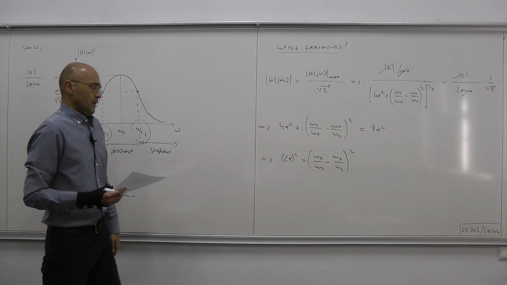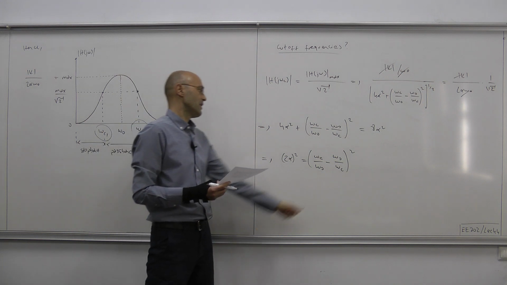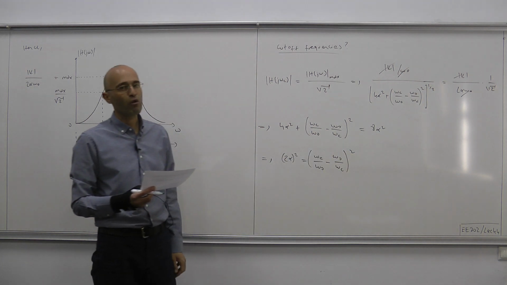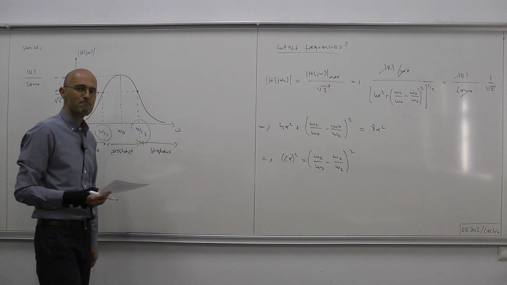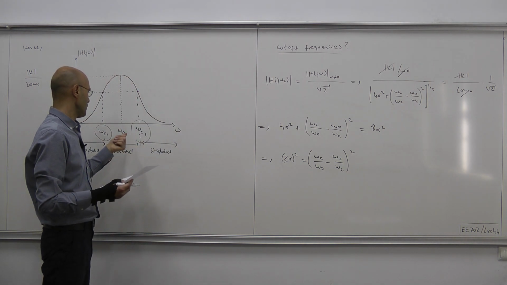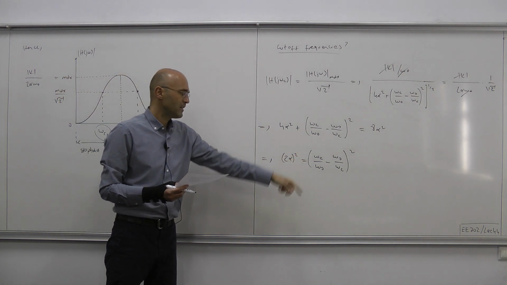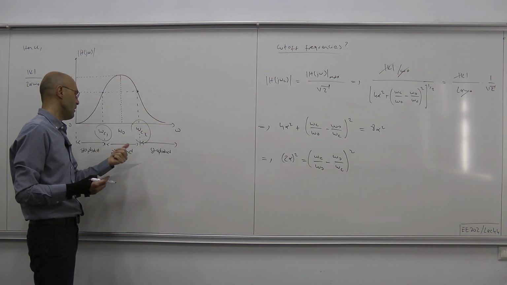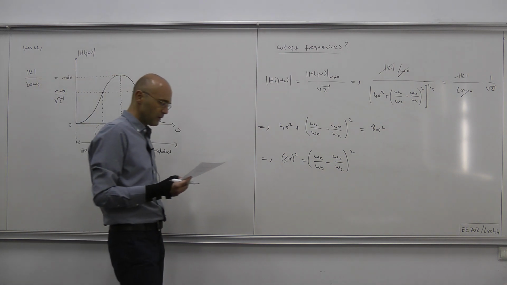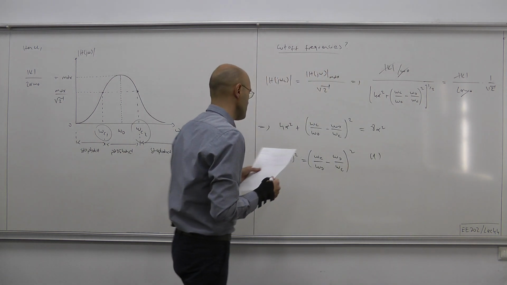Because we have an omega c in the denominator and a square here, this is a 4th order equation, so it will have 4 roots, but we're not interested in the negative roots because we're looking for a frequency, and by definition frequency is positive. Therefore that equation will produce 2 numbers, and those 2 numbers will be our cutoff frequencies. It's not difficult to check that. Let's call this equation 1.